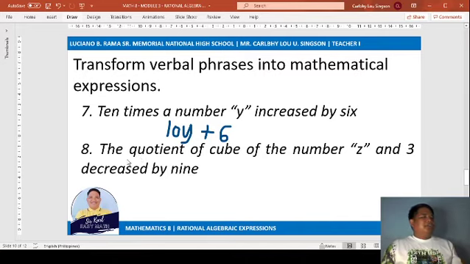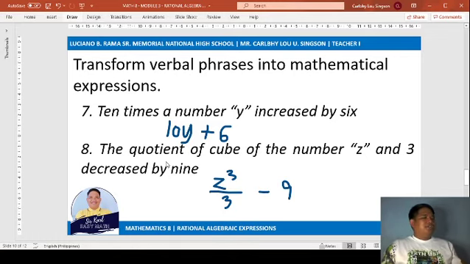Number 8, the quotient of cube of the number z and 3 decreased by 9. So here we have the quotient, so we are dealing with division here. So cube of z, so that is z cube, and 3, decreased by 9.